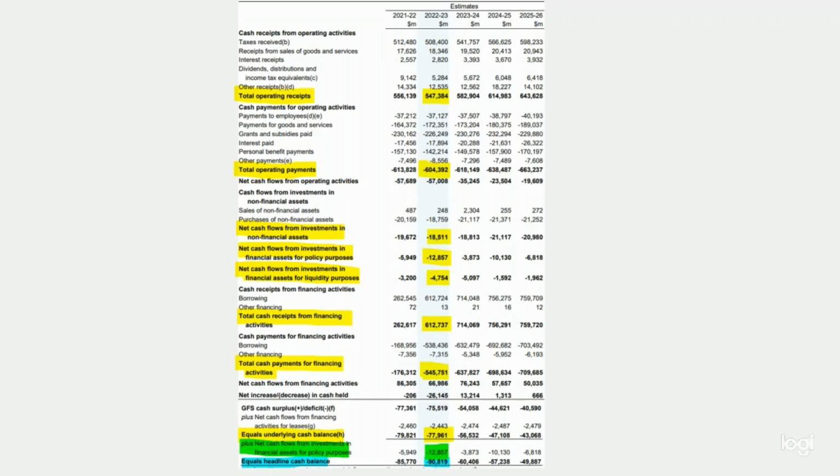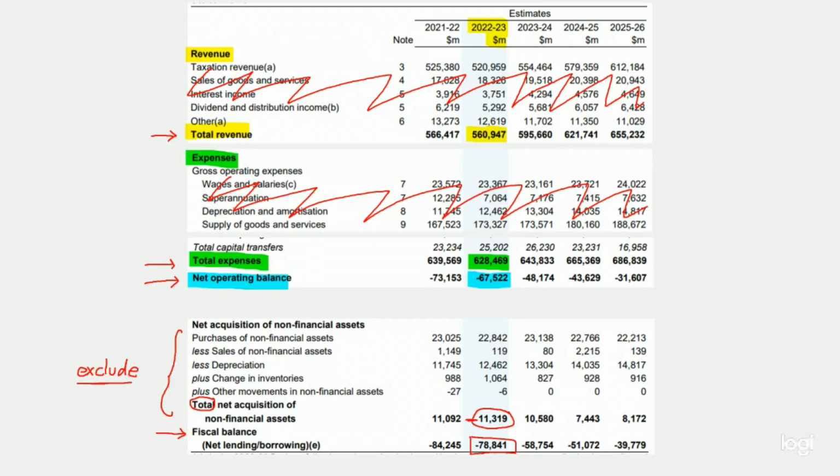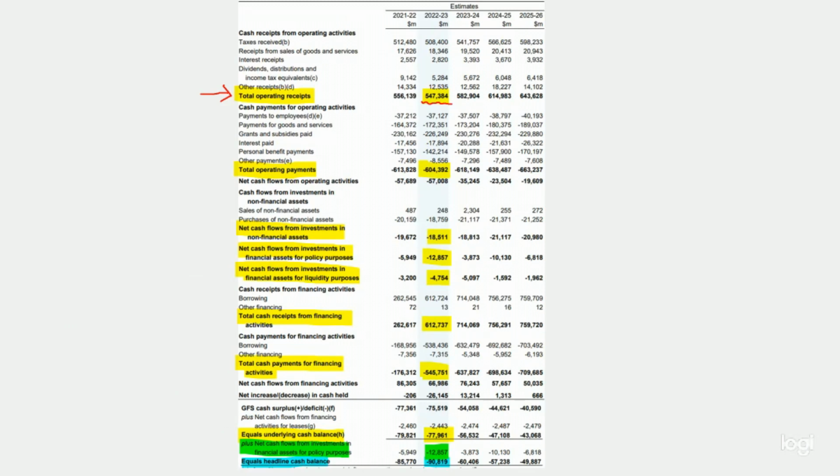So instead of looking at revenues, we see that the total receipts in terms of cash is going to be $547 billion. Now, this is not separate to the revenues that we expected. This same figure would have been included in the revenues figures. So if we go back and look at the total revenue here, we're not adding this $560 billion to the new figure of $547 billion that we saw over here.